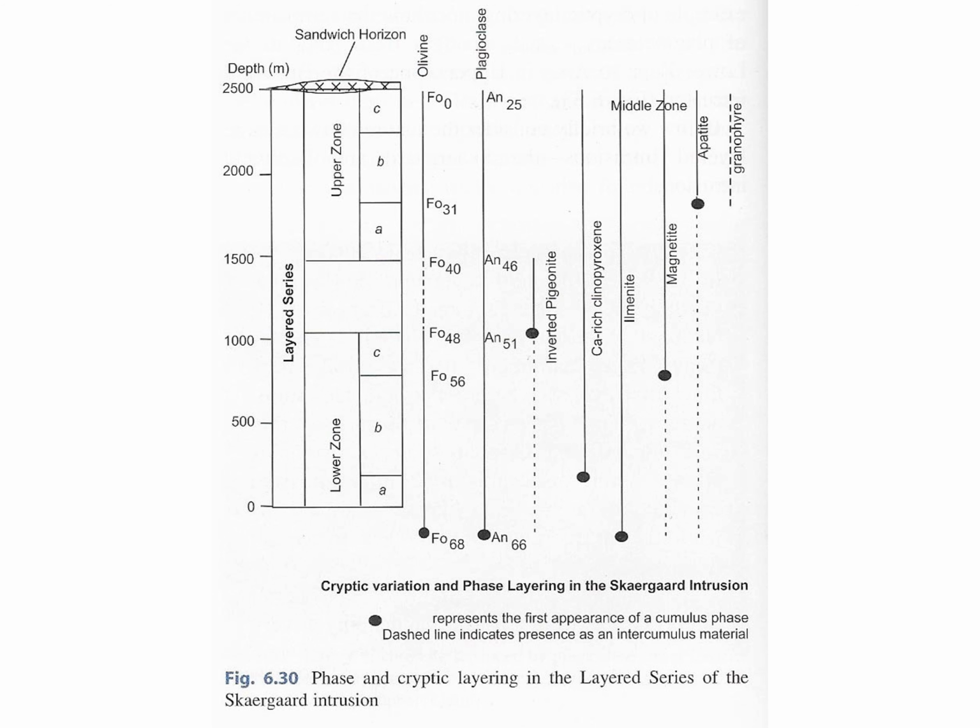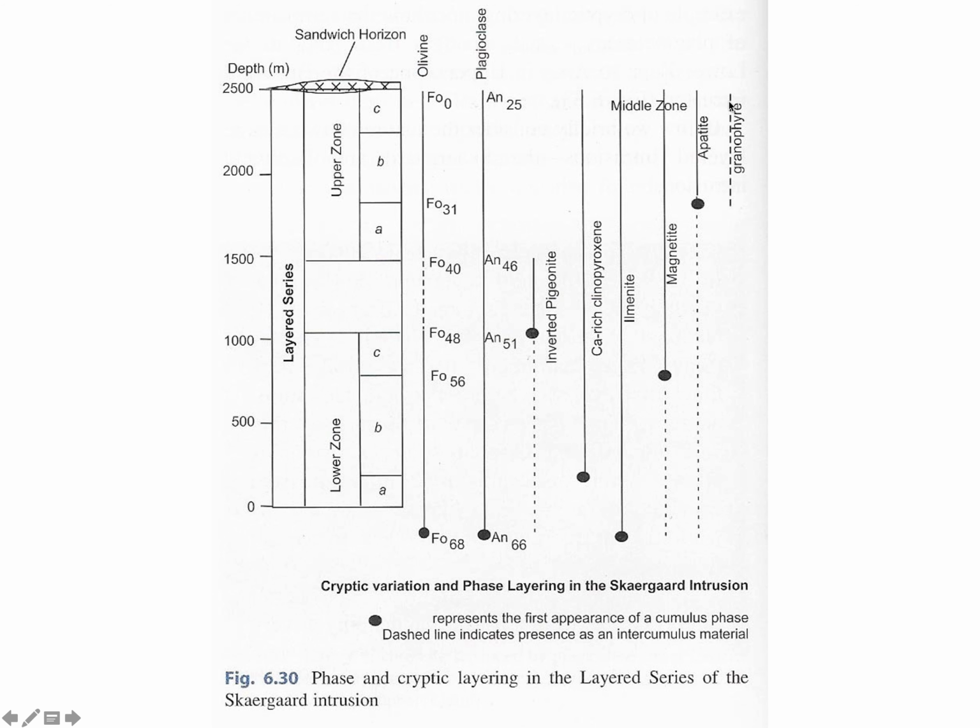Yeah. So then we have here the pyroxene. We have here an inverted pigeonite, that is this calcium-poor orthopyroxene. Then we have here the calcium-rich clinopyroxene. We have here ilmenite in the middle zone, magnetite, apatite, and granophyre.